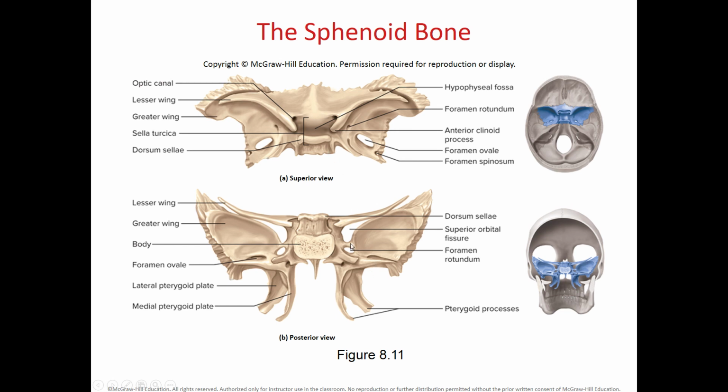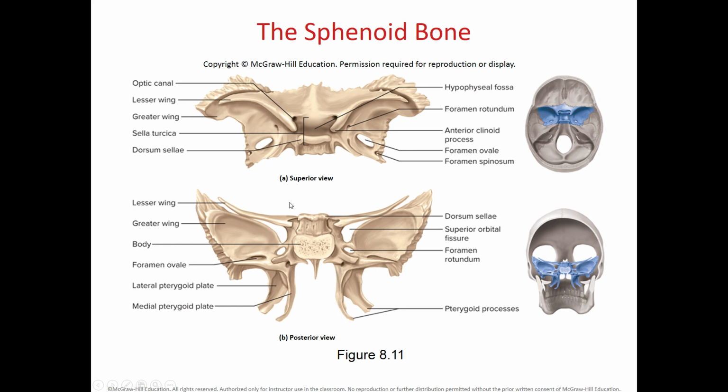And in the posterior view, you can see the body of the sphenoid, which is here. Inside the body of the sphenoid, we have the sphenoid sinuses. And then we have here the lesser wings, the greater wings with the foramen ovale, the rotundum, and spinosum. And then in here we have the pterygoid processes.